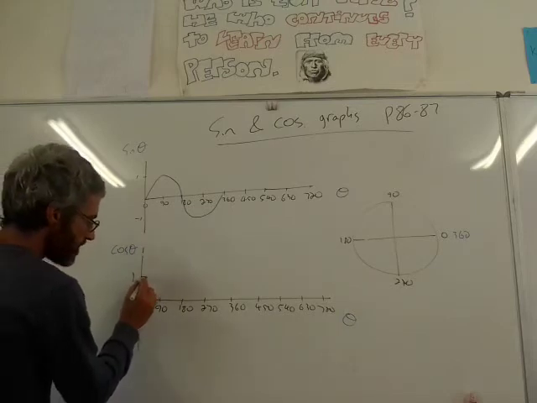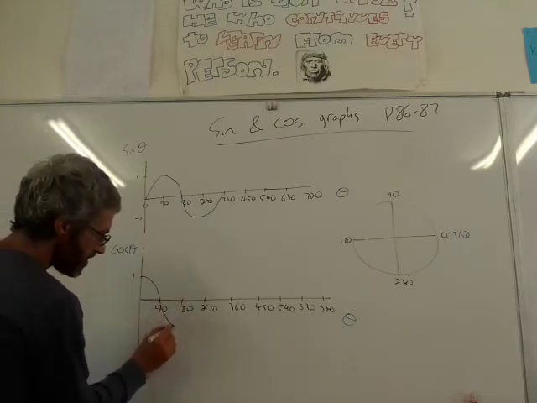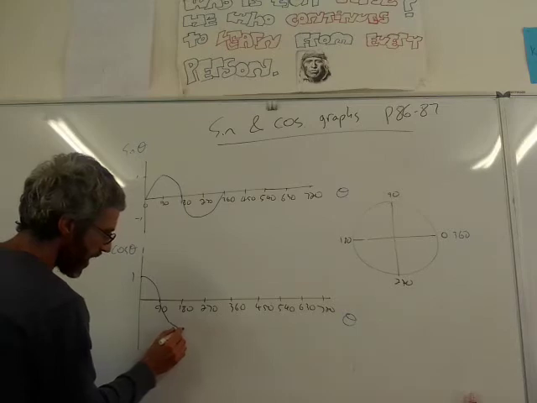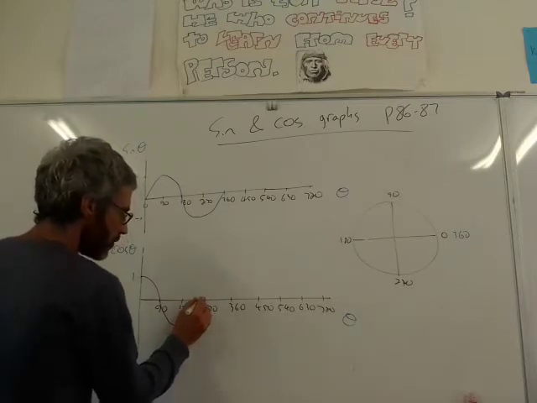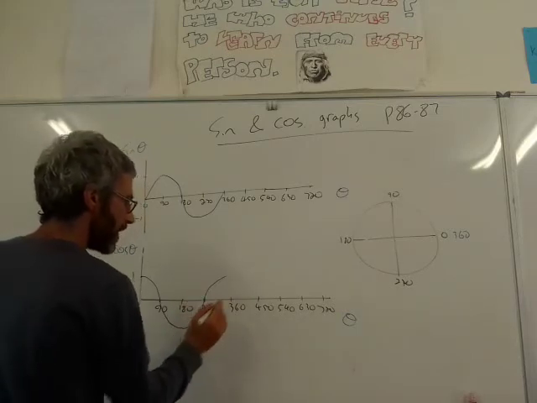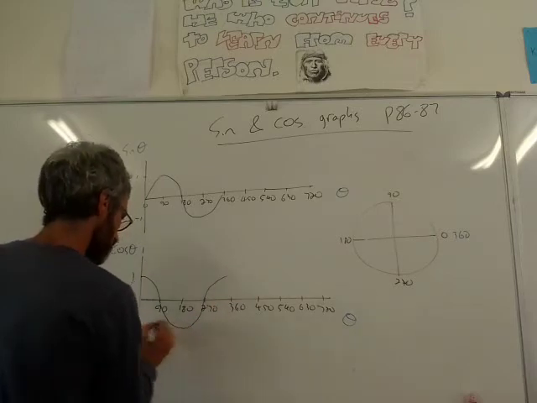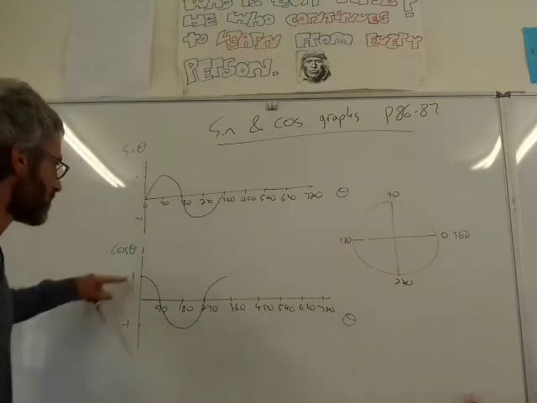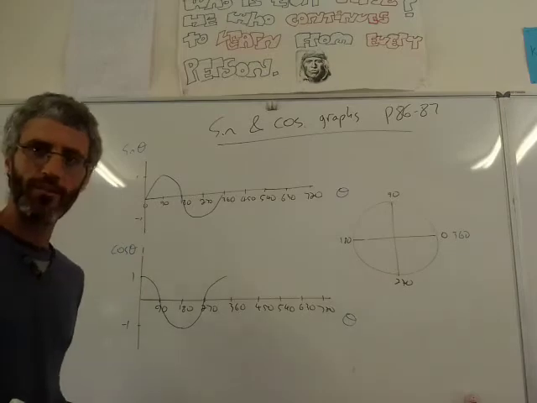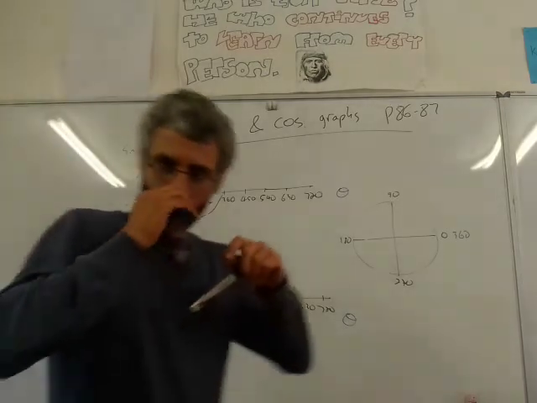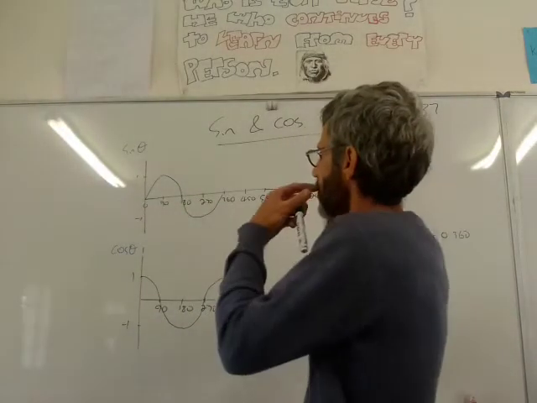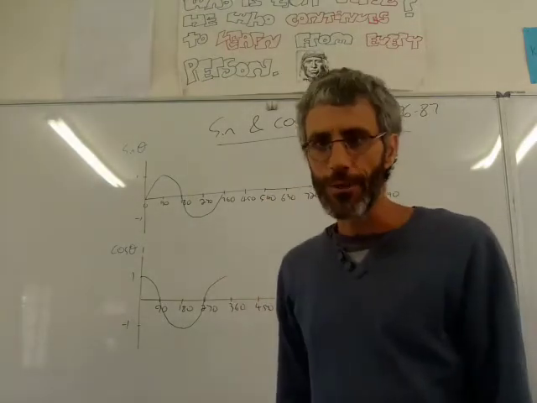Okay? It went down to 0 at 90, then swung to minus 1 at 180, went up to 0 at 270, and back to 1 at 360. So it also swung between minus 1 and 1, but it started at different points. Okay? You will eventually learn to actually remember the shape of this by heart.